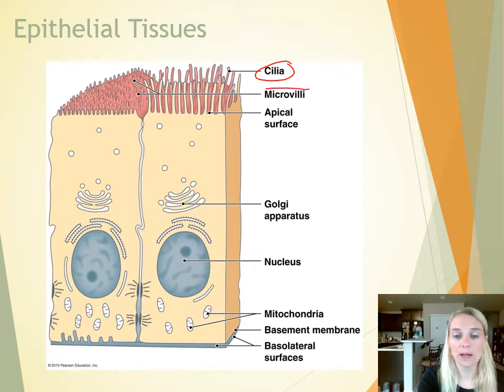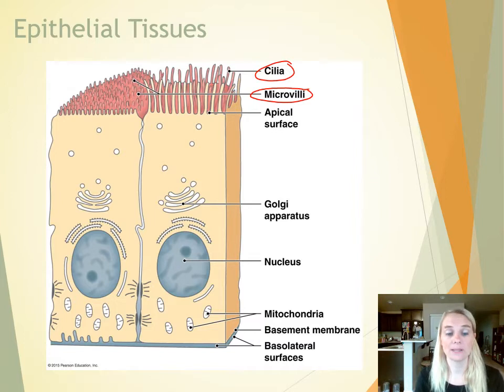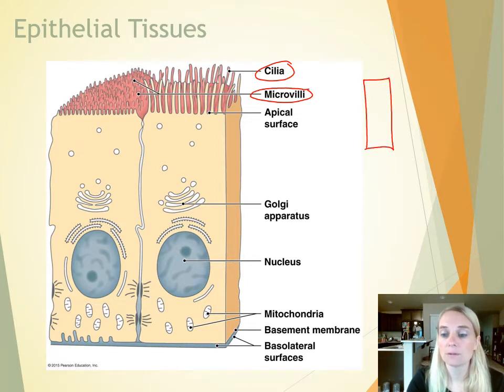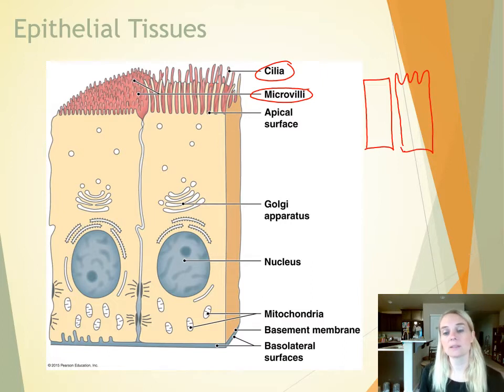Whereas microvilli are also little extensions off of the surface of the plasma membrane, but instead of functioning for propulsion, their job is to increase surface area. For example, if we had a cell that looked like this versus a cell that looked like this, if I were able to draw better, their volumes are about the same.